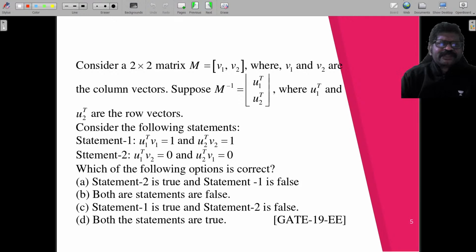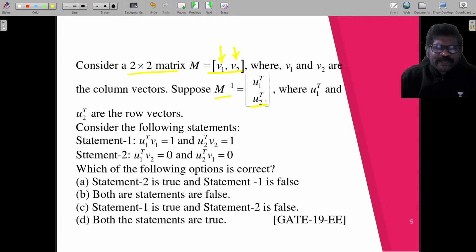Next question. Consider a 2 cross 2 matrix M equal to V1 V2, where V1 and V2 are column vectors, and M inverse is U1 transpose and U2 transpose, where U1 transpose and U2 transpose are row vectors.